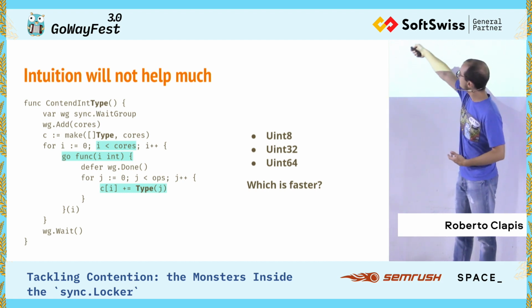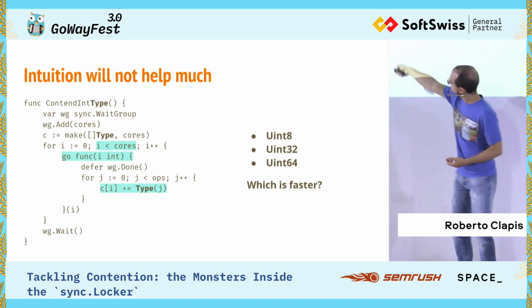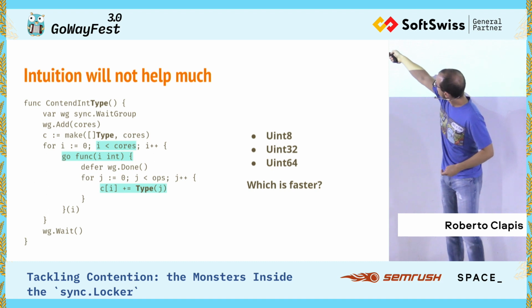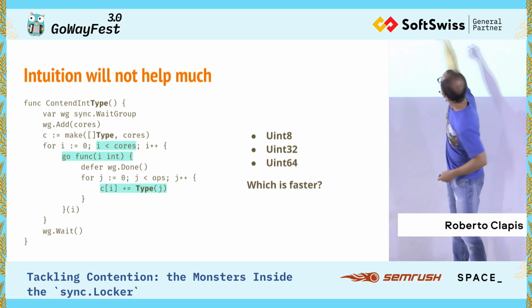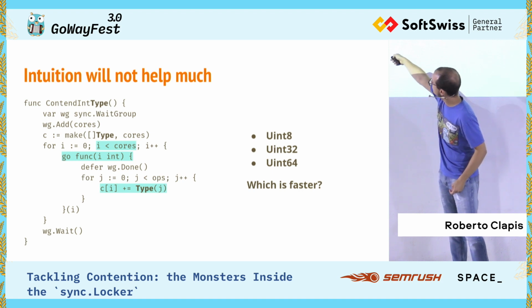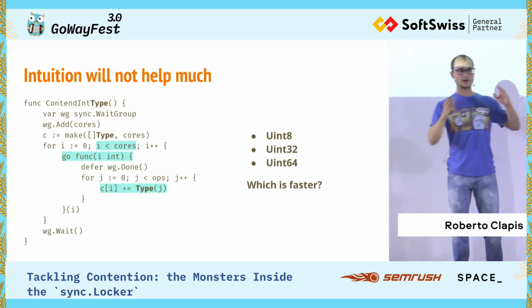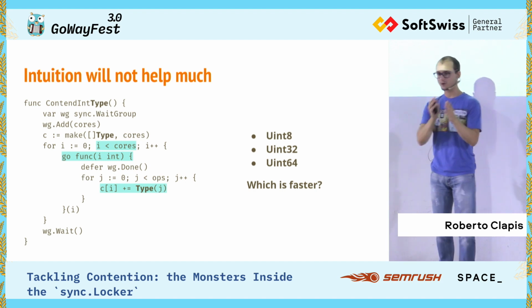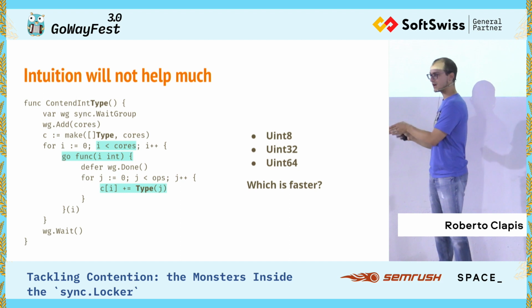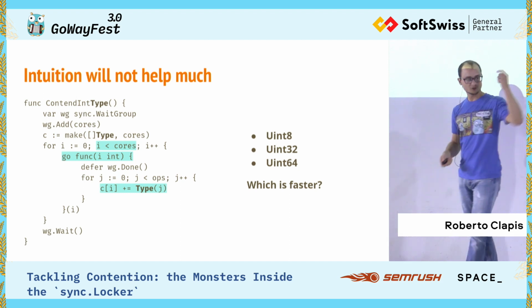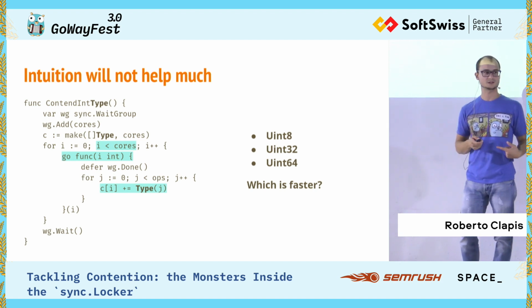I spawn that many coroutines, and then I do this, which is I take the slice of one type, and I access that slice in a different position. So every coroutine, let's say I have 4 cores, I have 4 coroutines, each one of them is writing a different index of the slice. So coroutine 0 is writing in index 0, and so on. And they're going to write a lot to that slice.